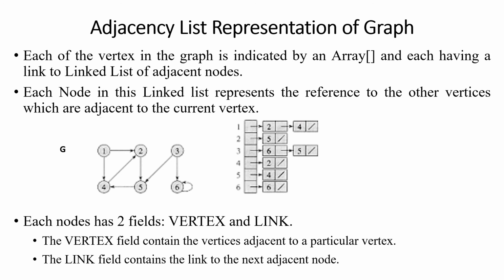Each node has two fields: the vertex and the link. The vertex field contains the information regarding the adjacent vertices, while the link field contains the link or the address to the next adjacent node.